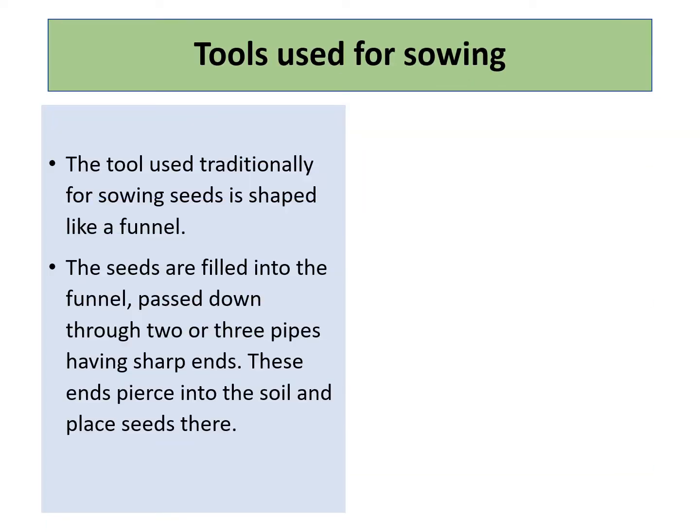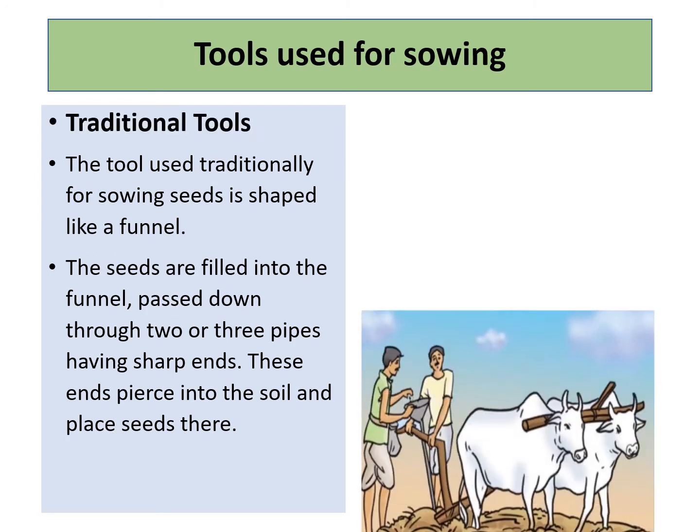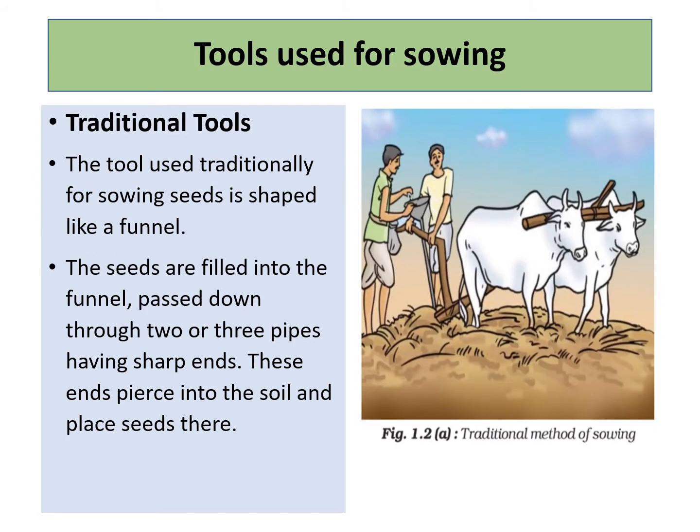Now how can we sow seeds in the field? There are traditional tools which were used earlier for sowing. For example, farmers used a funnel. You can see in the picture, this is a funnel. Farmers put seeds inside the funnel, and the seeds pass down into 2 to 3 pipes, and these pipes have very sharp ends which pierce into the soil and place seeds there.